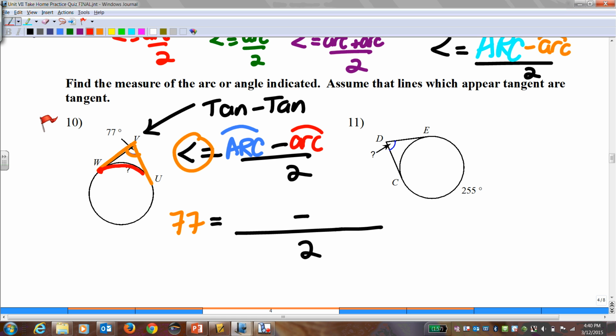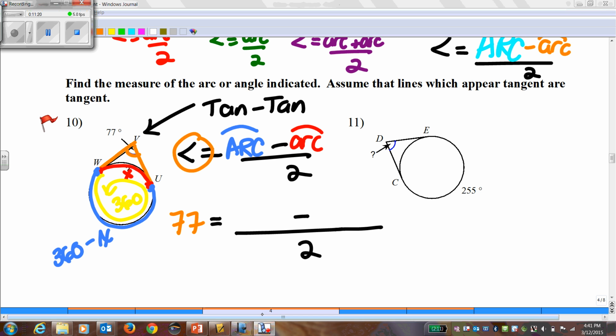So I'm going to call the small arc X. Now you don't want to call the big arc Y, because then you end up with another variable. So you have to define that big arc by the small arc. And we know circles add up to 360. So whatever X is, the blue arc is simply going to be 360 minus X. I'm going to pause. Make sure you understand that.